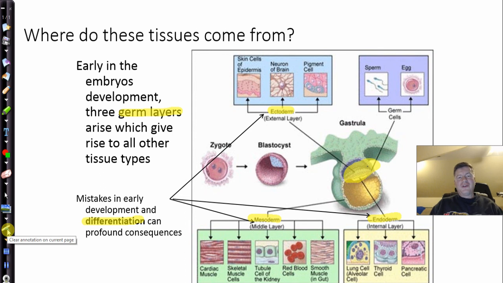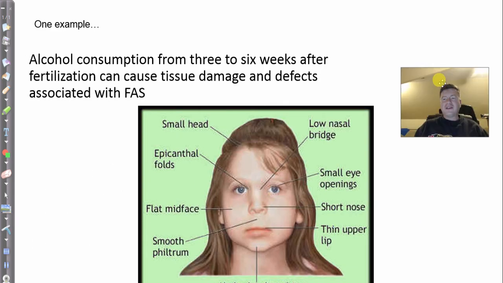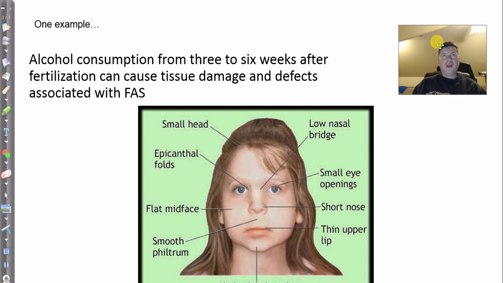Why is it important that we know this? Well, when you think about what happens early in development, you can see some of the effects if the tissue has abnormalities. For example, if a woman is drinking during pregnancy, alcohol consumption may lead to a condition called fetal alcohol syndrome, or FAS.